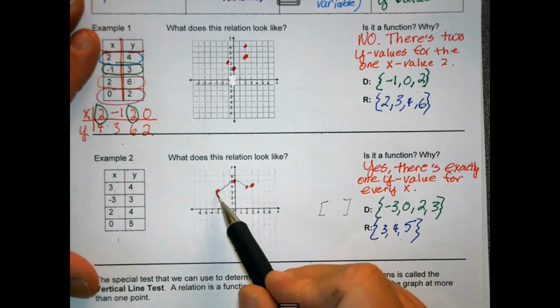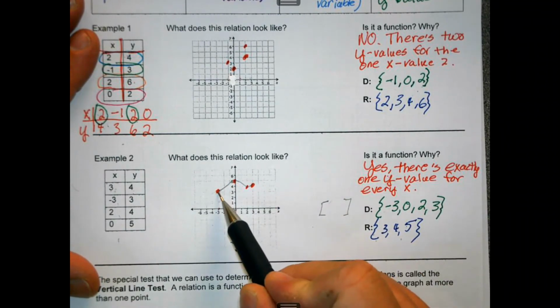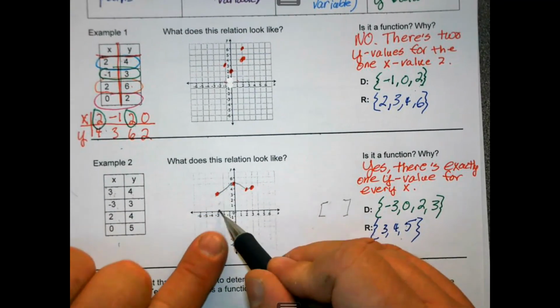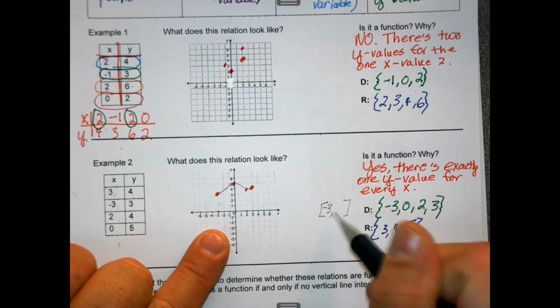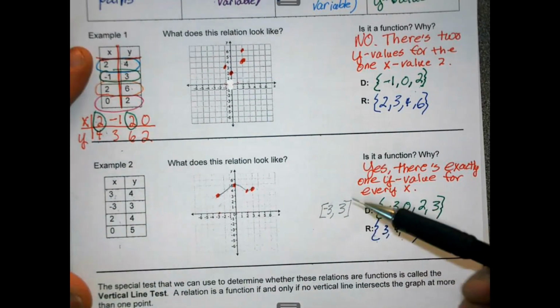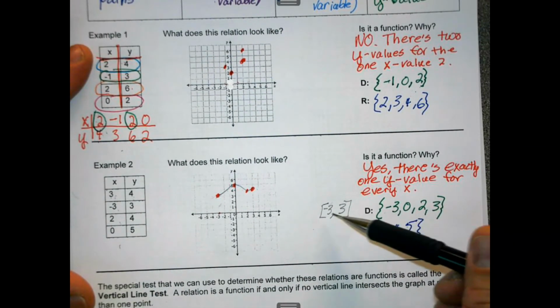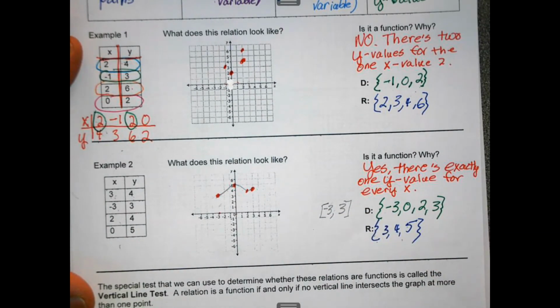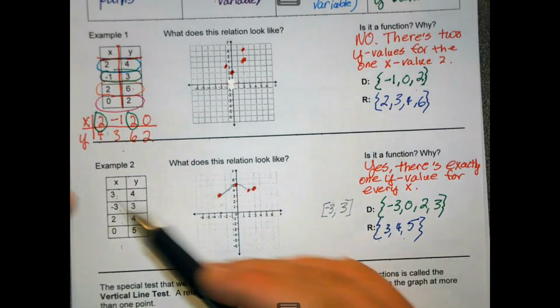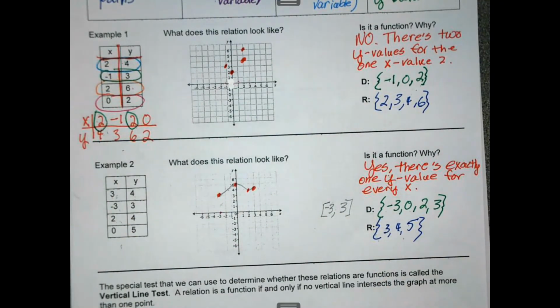So if there were lines in between here, I would have to consider those. So it would be, let's say I'm including the -3, and then it's going to go out to +3. So by using the interval notation, I'm including all of those points in between -3 and 3. These just happen to be just the points. That's why I'm using 3, -3, 2, and 0.